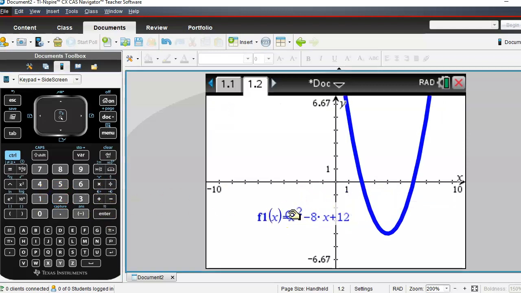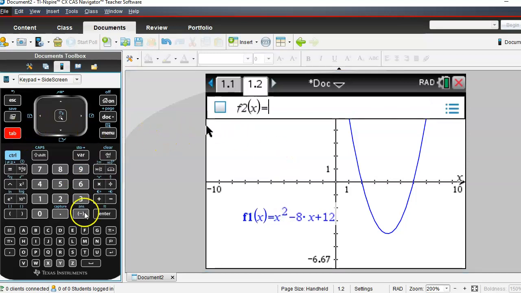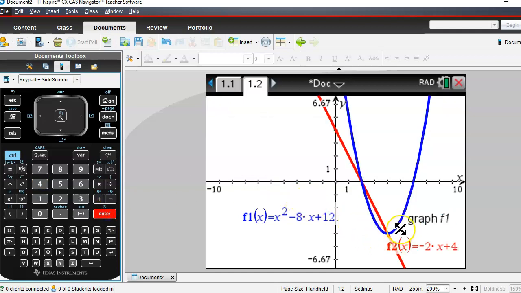Okay, and then our other one was negative 2x plus 4. You can see those 2 points of intersection.